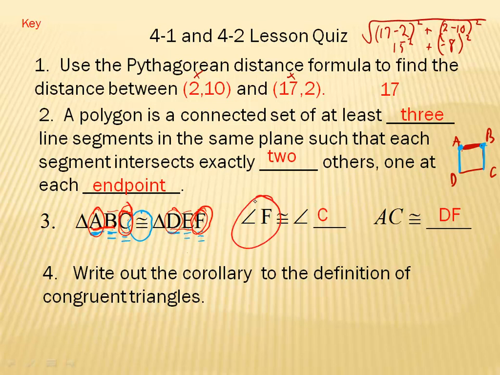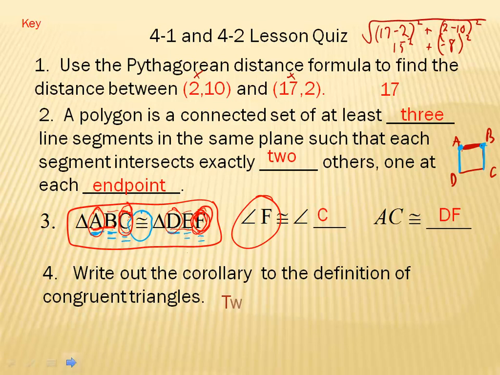You'll be given an angle like this instead, and they'll ask you which one is corresponding to it. And if you don't know this about correspondence statements like this, or congruent statements, you'll just be guessing. So if angle F is the third one in triangle DEF, it would correspond to the third one in triangle ABC and therefore be congruent to it. Alright, same thing with the side lengths.